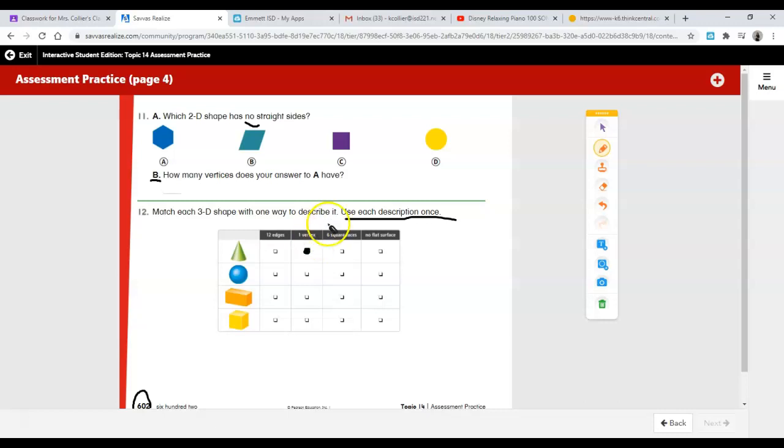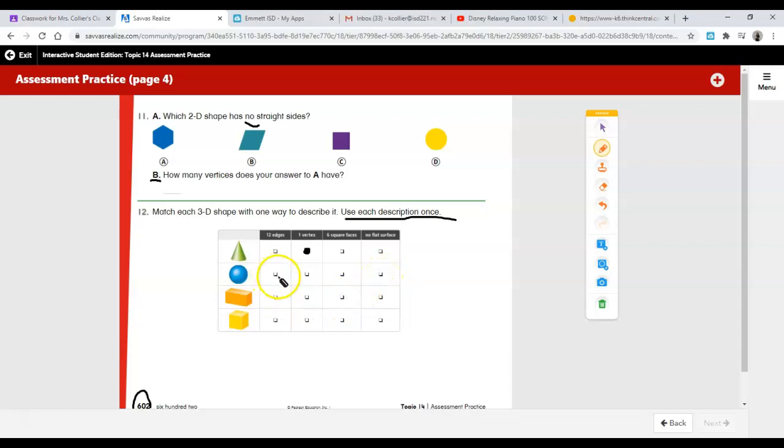So boys and girls, since we can only use each description once, these shapes down here cannot have the one vertex answer choice. They have to have something else. So when you look at a sphere, it would go, does a sphere have 12 edges? If it doesn't, move to, does it have 6 square faces? If it doesn't, does it have no flat surfaces?